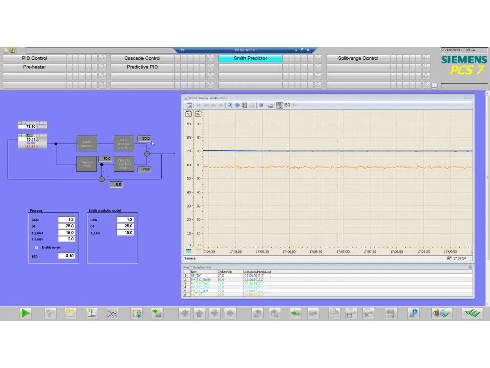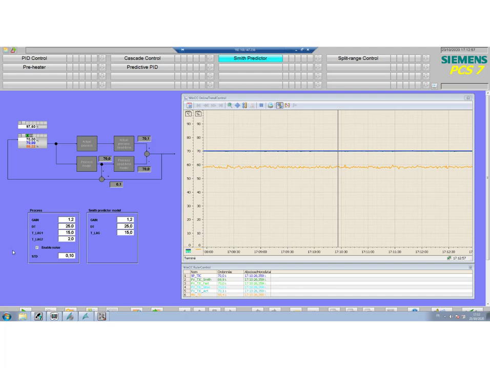So the actual PV, the fast PV, the slow PV, the model error, and in the faceplate you'll see the predicted PV. So in this case the actual process is a second order system with delay, right? And in the Smith predictor we have used a first order system with delay, so we have neglected this secondary time constant.